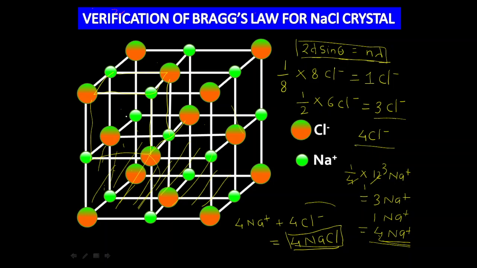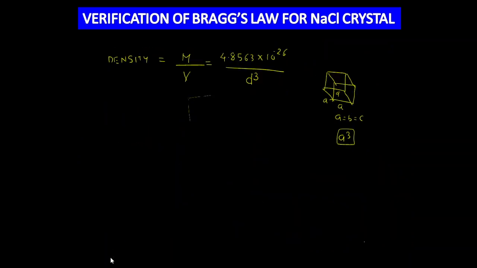Suppose this one is the elementary cube, and I am quoting that the side of the cube is D. All the sides I am quoting as D. So let the side be D, and the volume of the elementary cube is D cube.